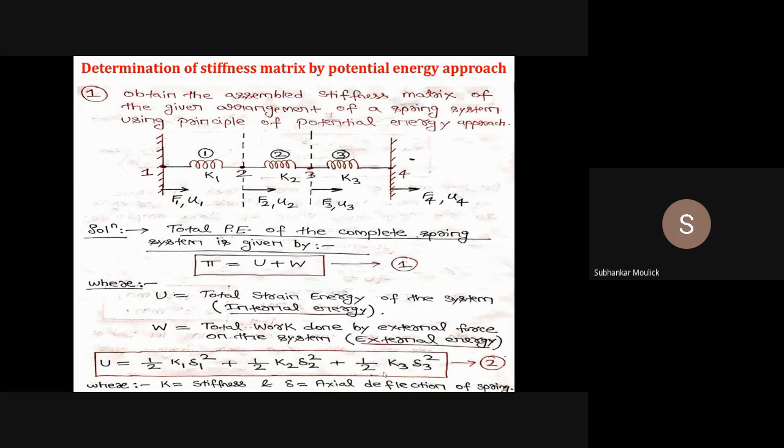So in this equation number 2, if I want to find the final expression of strain energy stored in the problem, I need to evaluate the linear displacements, that is delta 1, delta 2 and delta 3. Then once I evaluate them, I will put the values of delta 1, delta 2 and delta 3 in equation number 2, and I can get my final strain energy stored in this particular problem. Is it clear?